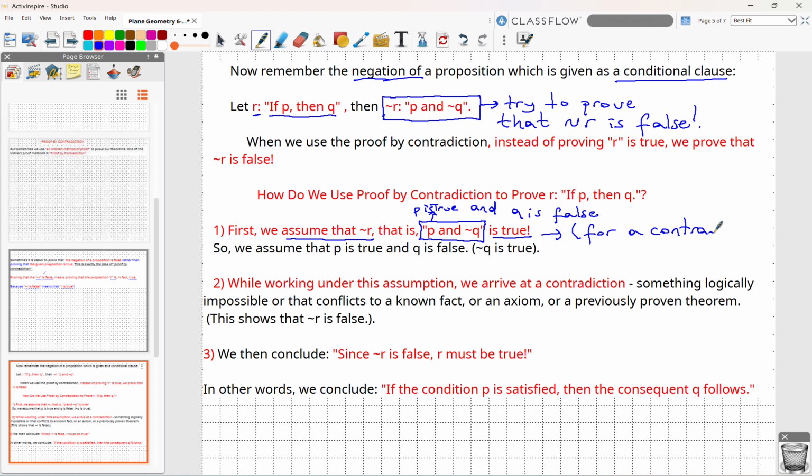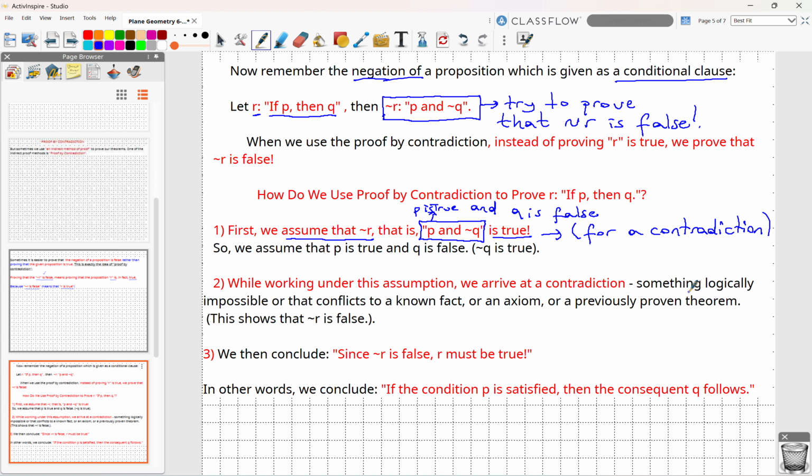What does a contradiction mean? We will see it in a few seconds. Okay, so we start with the assumption that negation of R is true. And then, while working under this assumption to prove our theorem, we arrive at a contradiction. We reach a step where we see a contradiction.